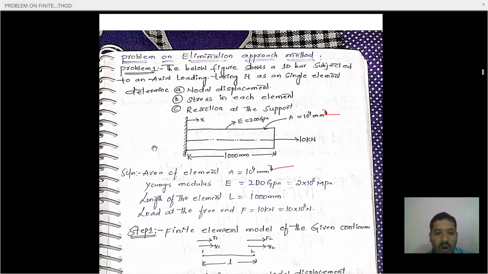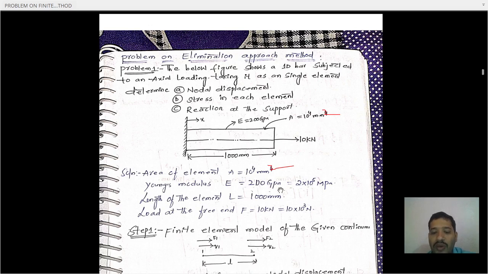So first of all you have to write down the given data. In the given data you have to represent the area of the element. Area is given as 10 power of 4 mm square. And Young's modulus, E, the modulus of elasticity of the material, is given as 200 gigapascal.